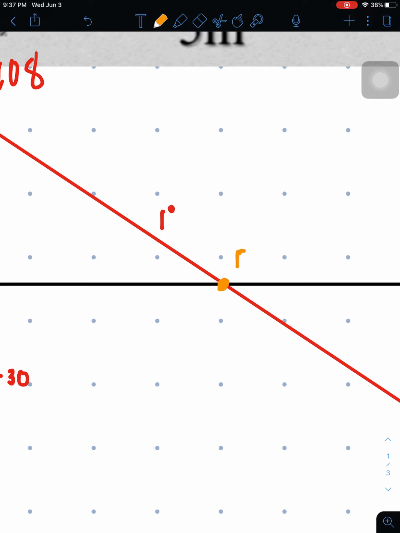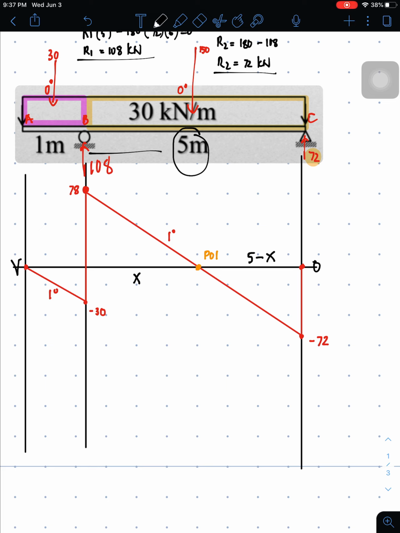I hope you got that 5 minus x. Again, the whole length here is 5. This is x, so 5 minus x is the length there. So I hope that clarifies the 5 minus x.